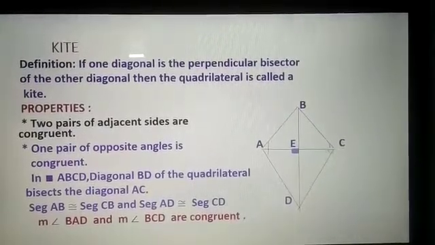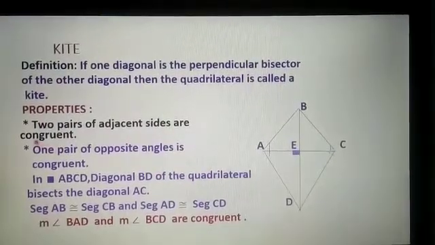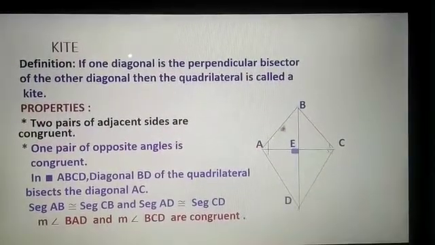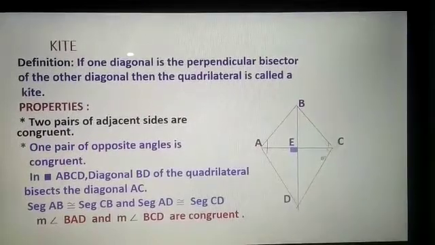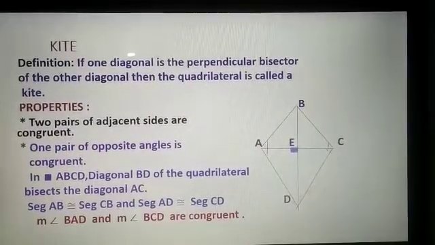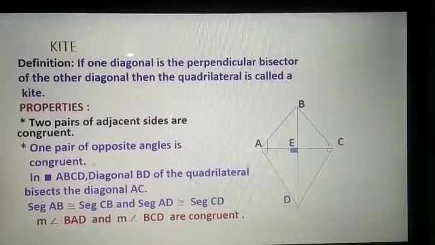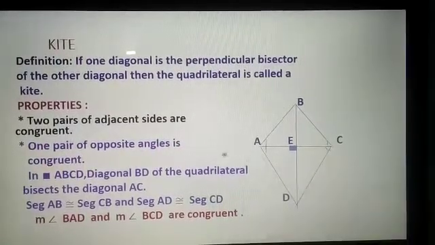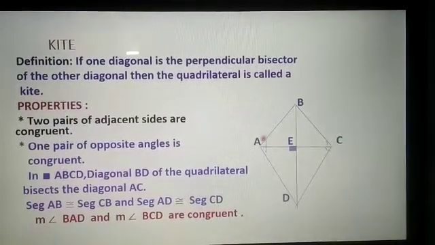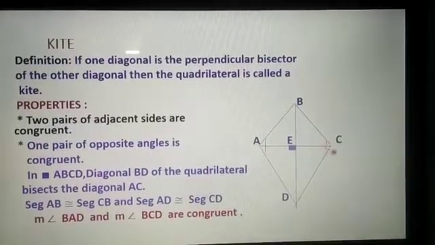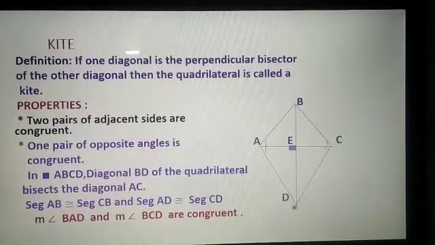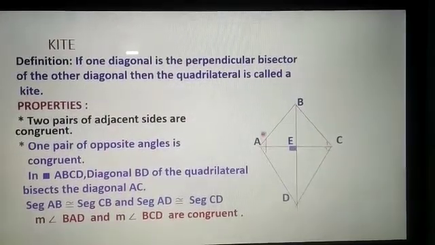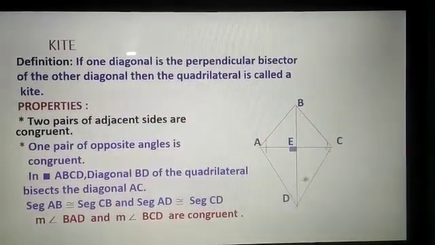So here some properties are given. Two pairs of adjacent sides are congruent. Adjacent sides means side AB and side BC are congruent, side AD and side CD are congruent. Then one pair of opposite angles is congruent. See here, angle A and angle C are congruent. Angle B and angle D are not congruent. Only one pair, angle A and angle C, is congruent.